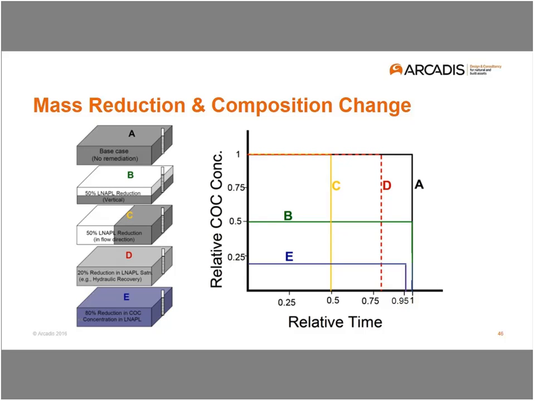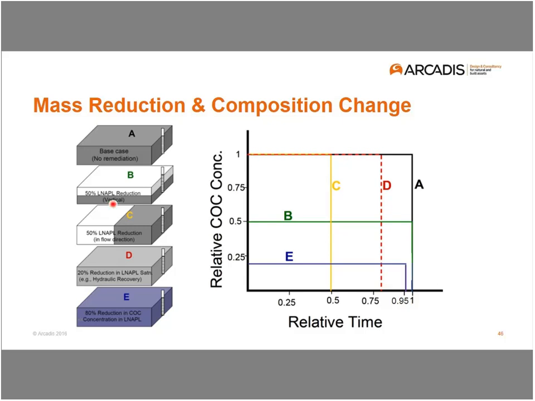So here's a thought experiment. We have a base case where we're just going to let natural depletion take care of this. And that gives us a relative time of 1, and over the life of this LNAPL body, it's going to give a relative groundwater concentration of 1, right?